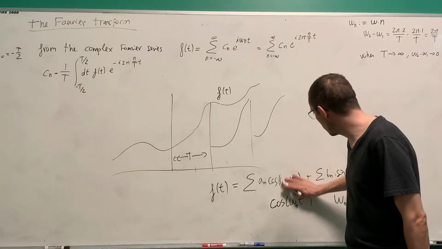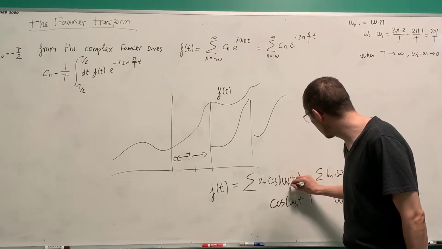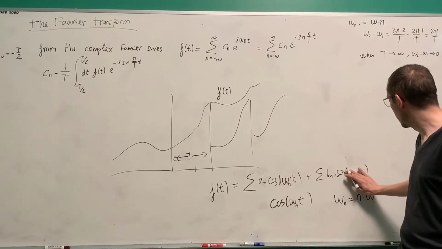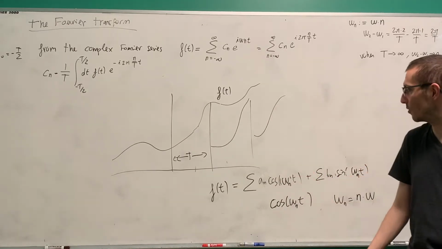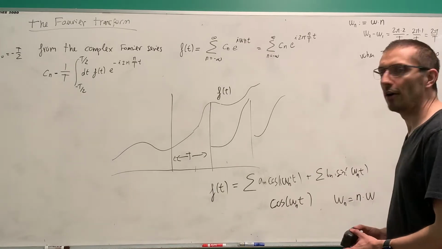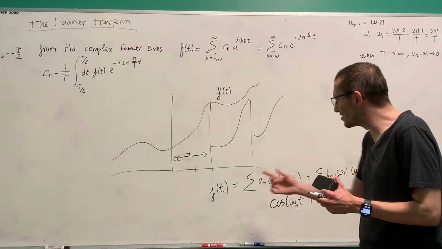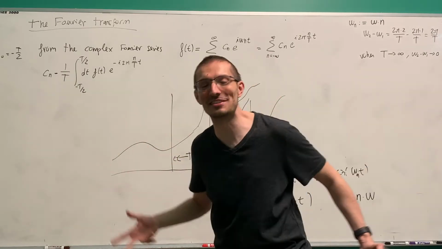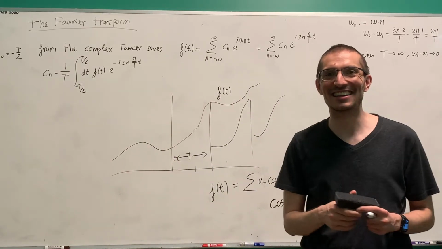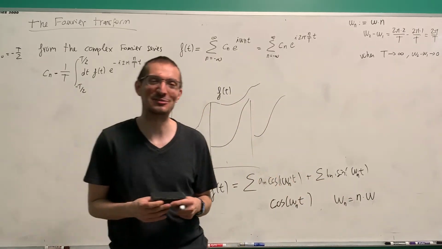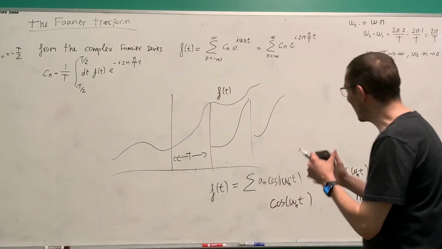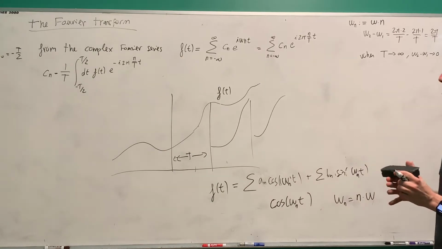So this would be the sum of the cosine of omega sub n t and sine omega sub n t. So a sum of sines and cosines. All right. So it's kind of cool because it's telling you that functions contain different frequencies. And we will talk about pictures, we'll talk about music when we understand better the Fourier transform. All right, but these are the main keys that we want to introduce here.